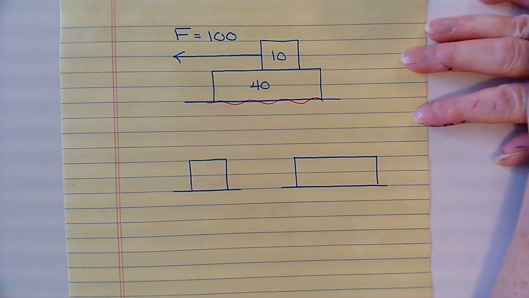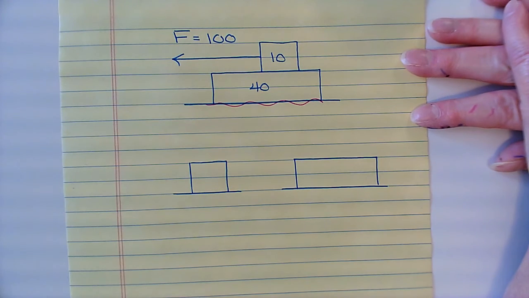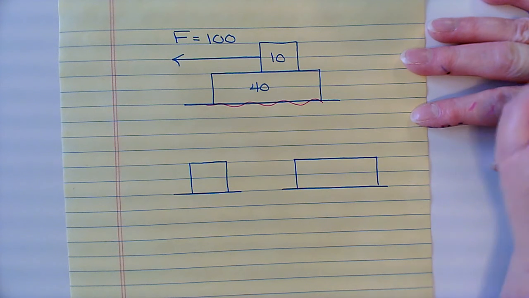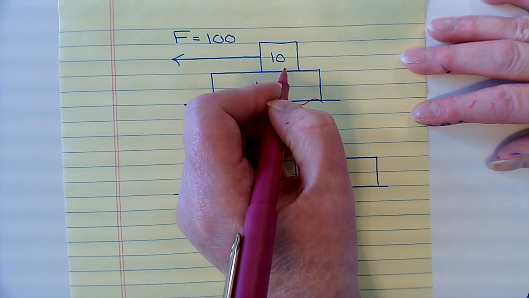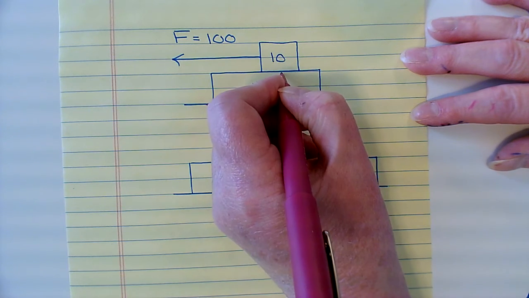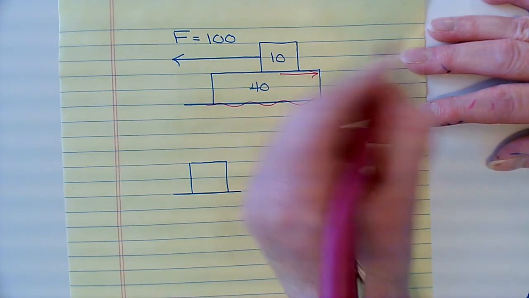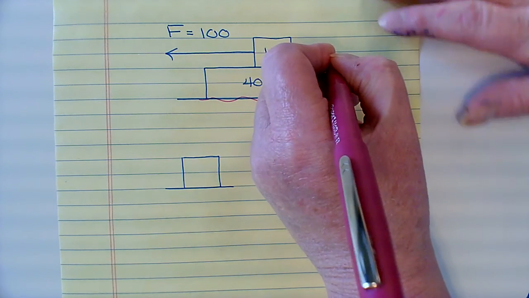So here we go. We have a 10 kilogram block and a 40 kilogram block, and it says the coefficient of friction between the blocks is 0.3. If I pull this with 100 this way, that tells me that friction has to be going this way. So I'm going to calculate this frictional force.